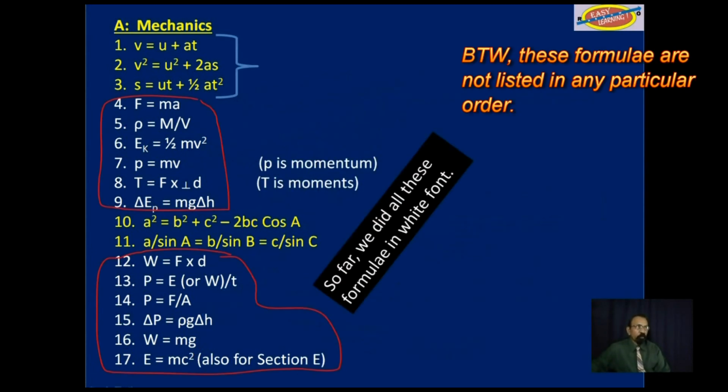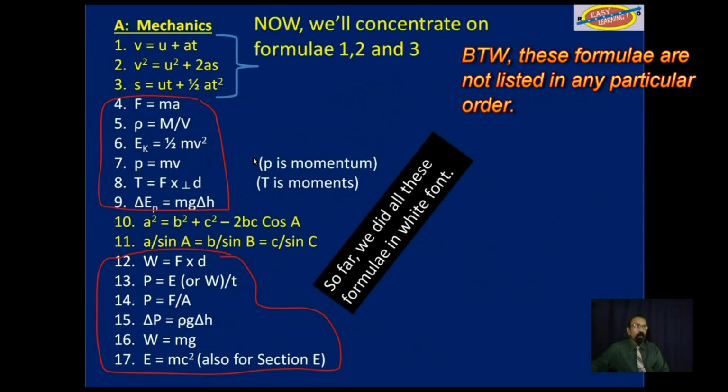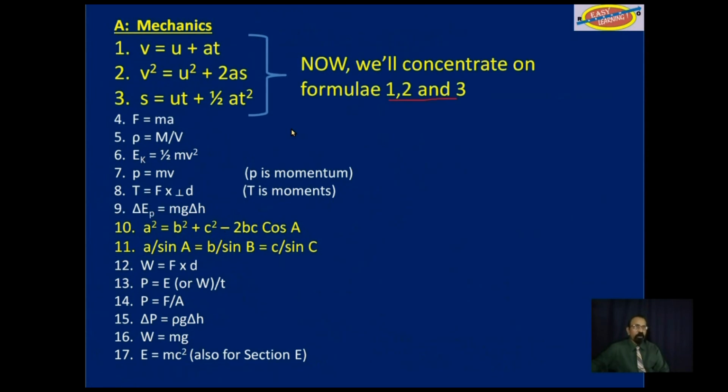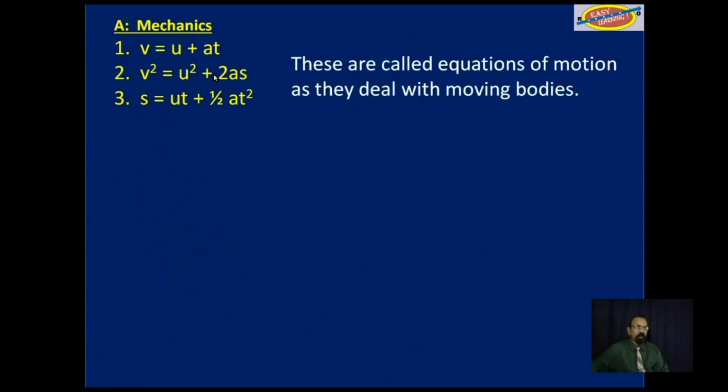And that leaves us with these 5 in yellow. Now we will concentrate on these 3, 1, 2, and 3, after which we will consider 10 and 11. Formulae 1, 2, and 3.